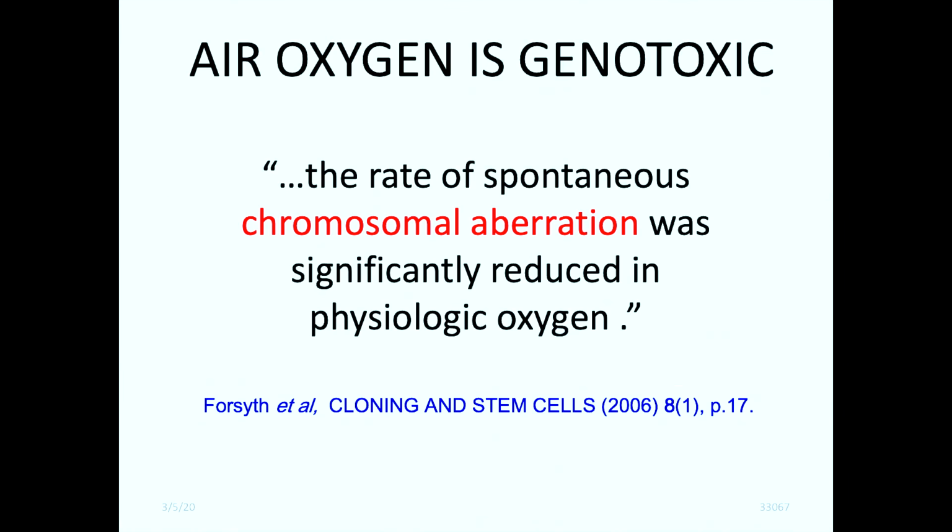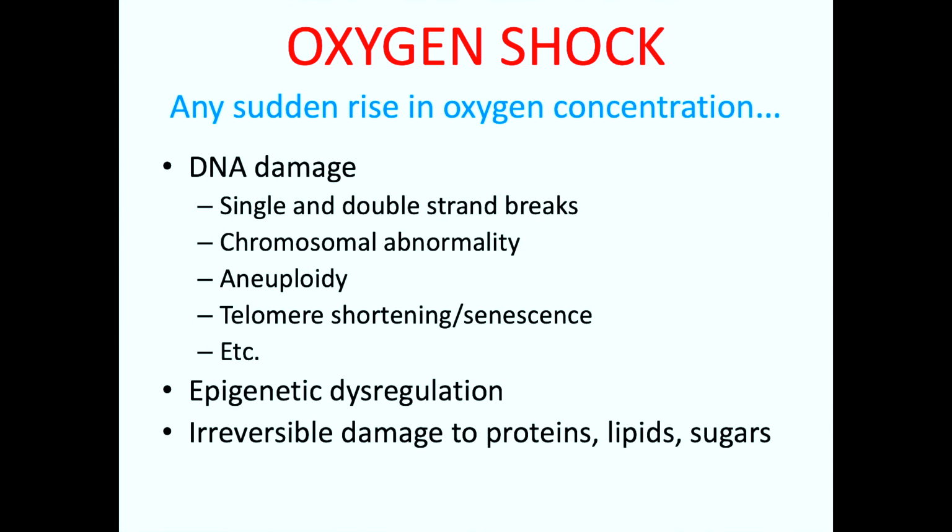And air oxygen has been published to be genotoxic since the 50s. There are hundreds of publications that specifically point to the genetic damage caused by air. And of course, that's the suboptimal transient that we're usually exposing cells to when we do expose them to one. So, it causes all sorts of genetic damage.